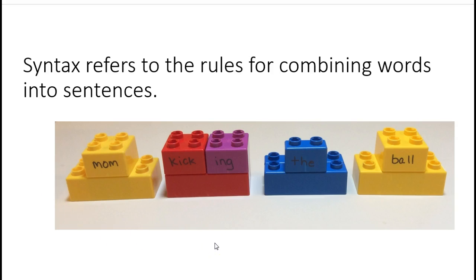Okay, Mom kicking the ball. Okay, and so when we think about syntax, we think again about these rules that govern things like word order. So we would not say kicking Mom the ball. In the English language, we wouldn't say that, right? Because we know that in the English language, the subject or mom has to go first in a sentence. Otherwise, the sentence isn't going to make sense to us, okay?